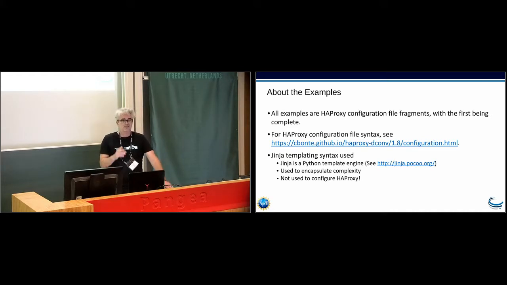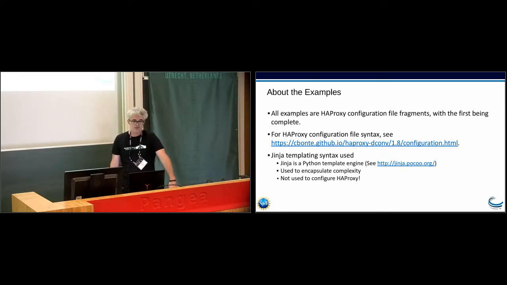As I present the examples, they're all going to be HAProxy configuration files, or fragments of them at least, with the first one being a complete one, and the fragments should be just modifications of prior examples. Since I'm still a beginner with HAProxy, I'm not going to give a detailed introduction to the syntax, but there's a hyperlink there for anyone who wants to learn more.